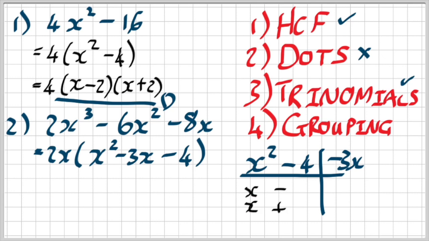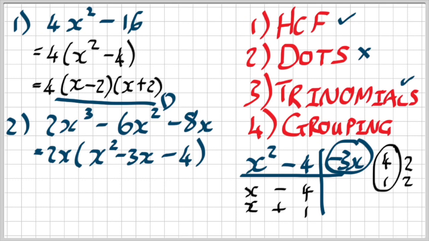A minus times by a plus. But now for 4, I've got 2 options. 4 and 1, 2 and 2. Now there's a 3 in there. So if I look at that 3 there, I kind of lean towards going 4 and 1. Okay? You will start seeing these things quicker and quicker and quicker the more you do it.